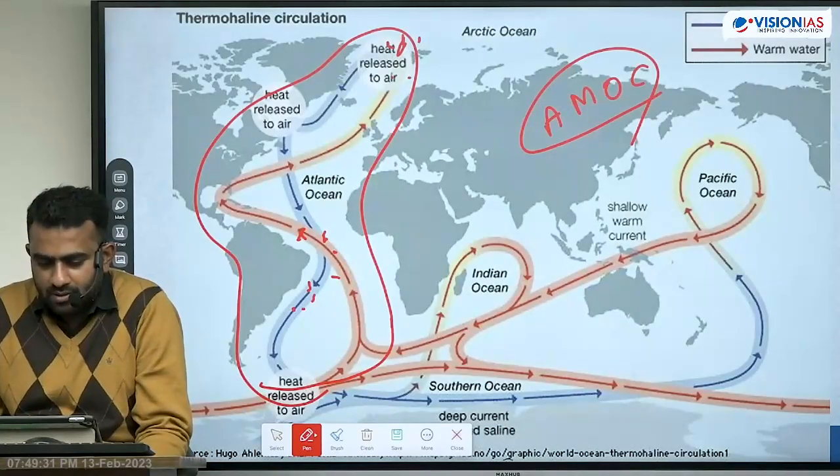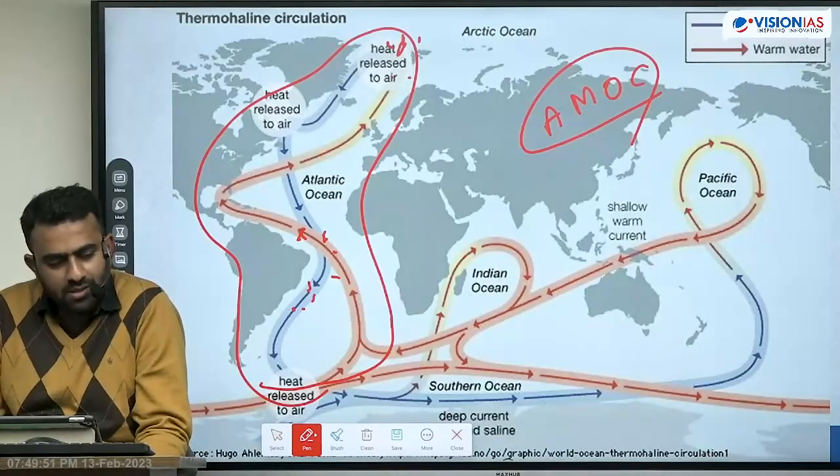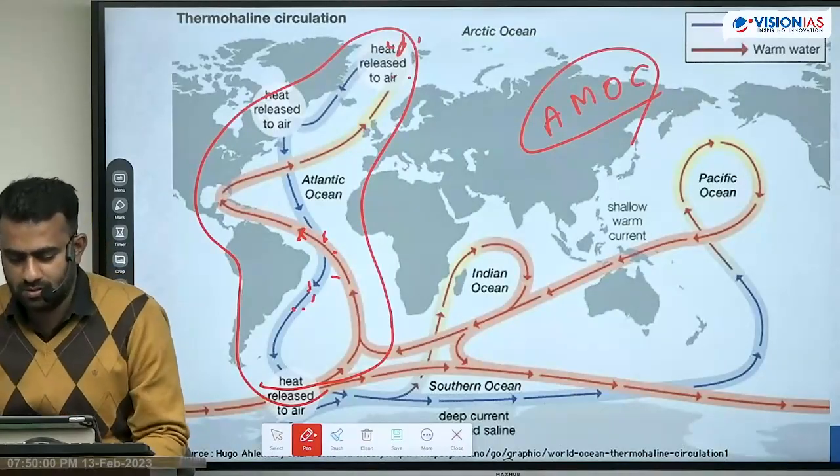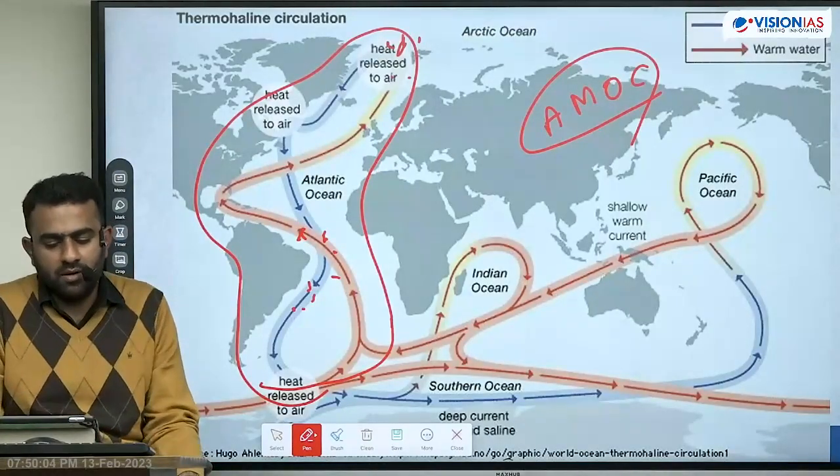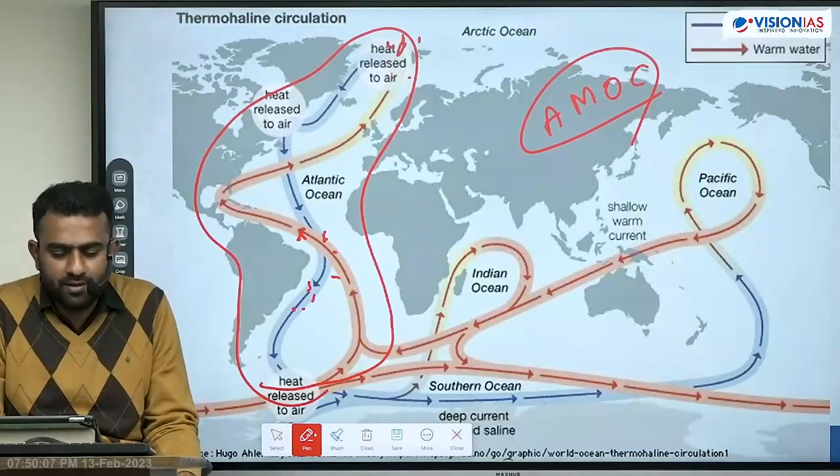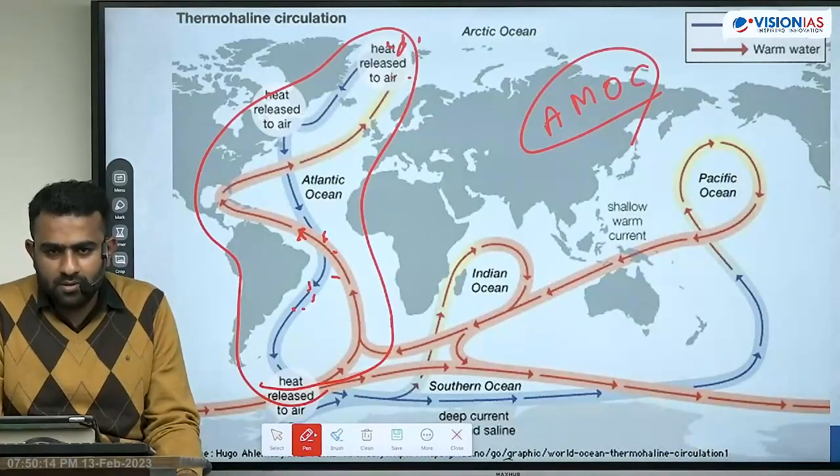Next point, the excessive addition of fresh water due to increased melting of ice in polar regions reduces downwelling as the fresh water is less dense.